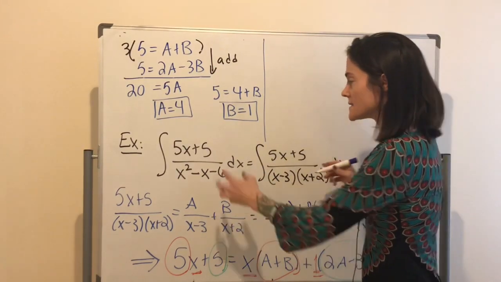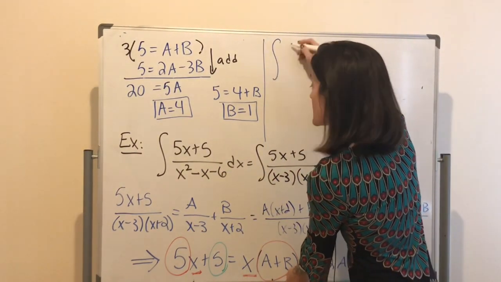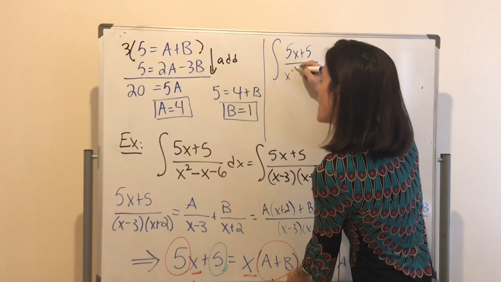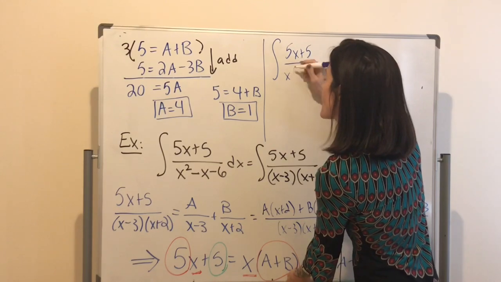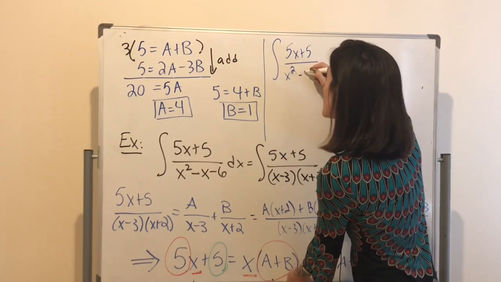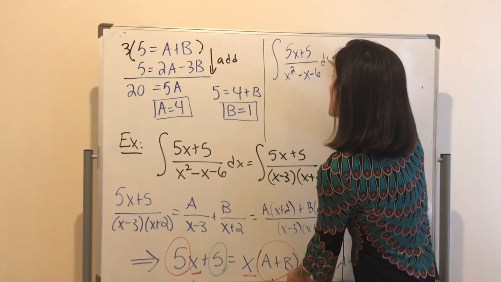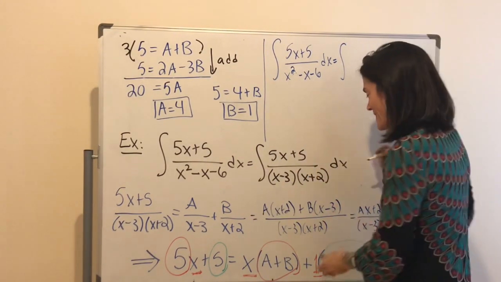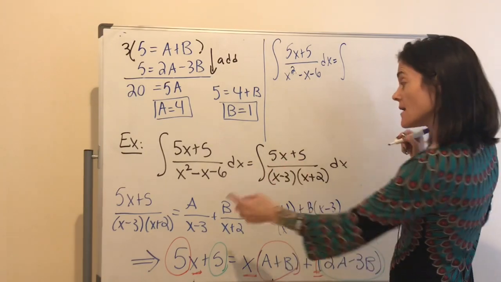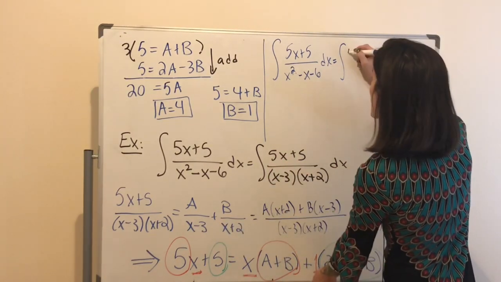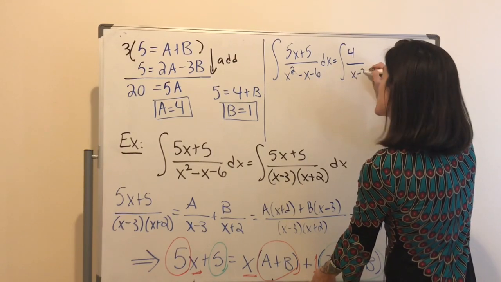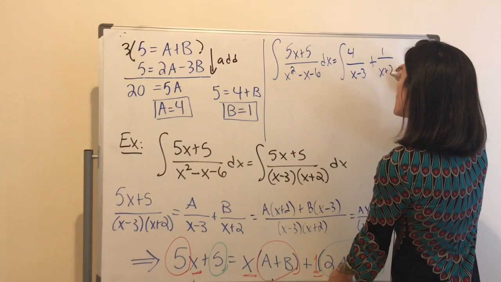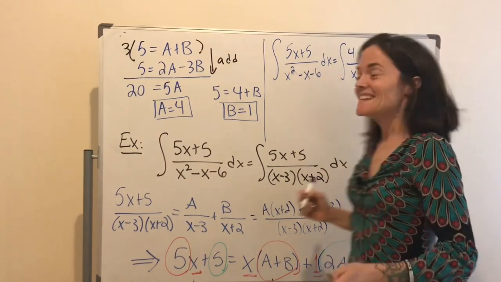Okay, so now what does this say? Well, what this says is that I can integrate, right? I know what this integrand is in terms of a sum of these linear pieces as my denominators, which become logs when I integrate them. So this is equal to, going back to here, a is 4, over x minus 3, plus b is 1, over x plus 2, dx.